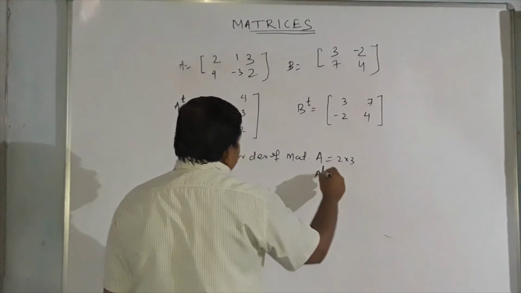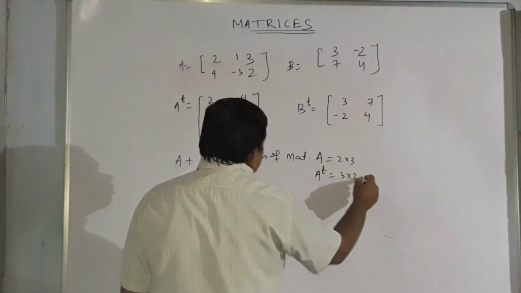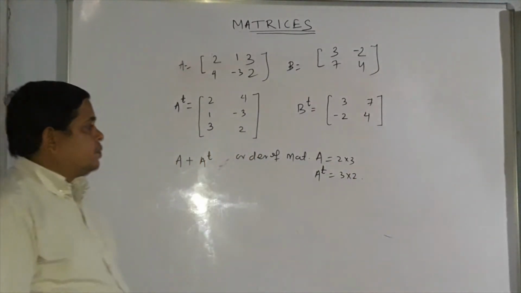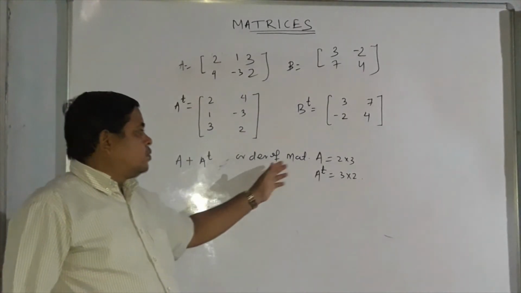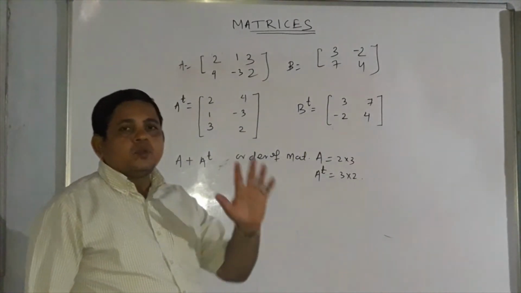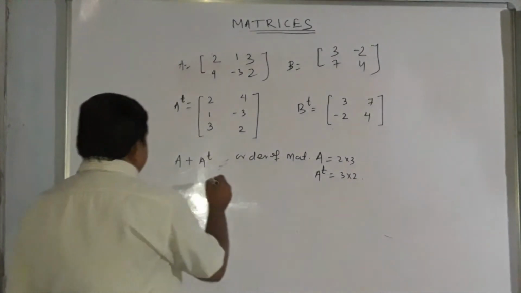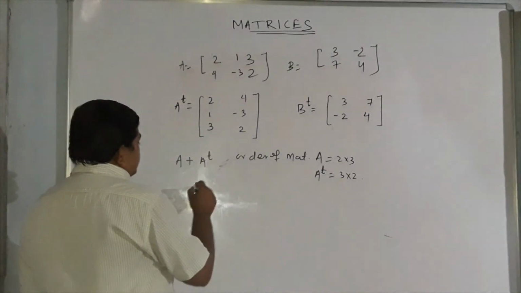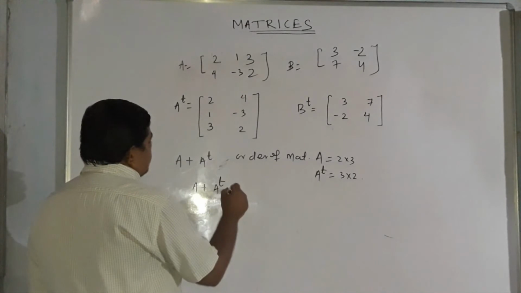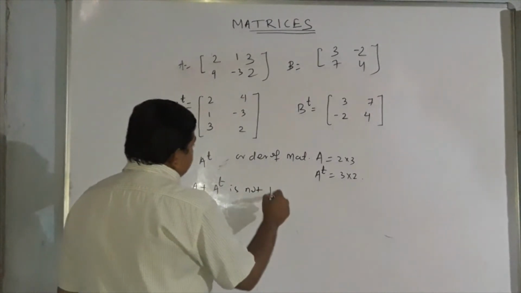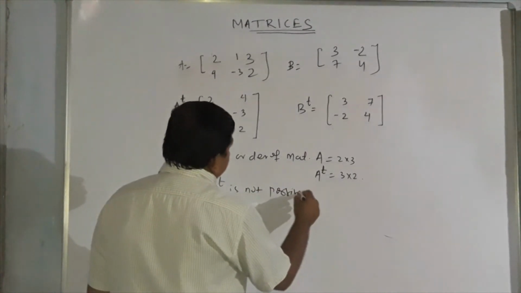Here AT is 3 by 2. According to the compatibility of matrices, only if rows and columns are the same can we add, otherwise not. Therefore A plus AT is not possible.